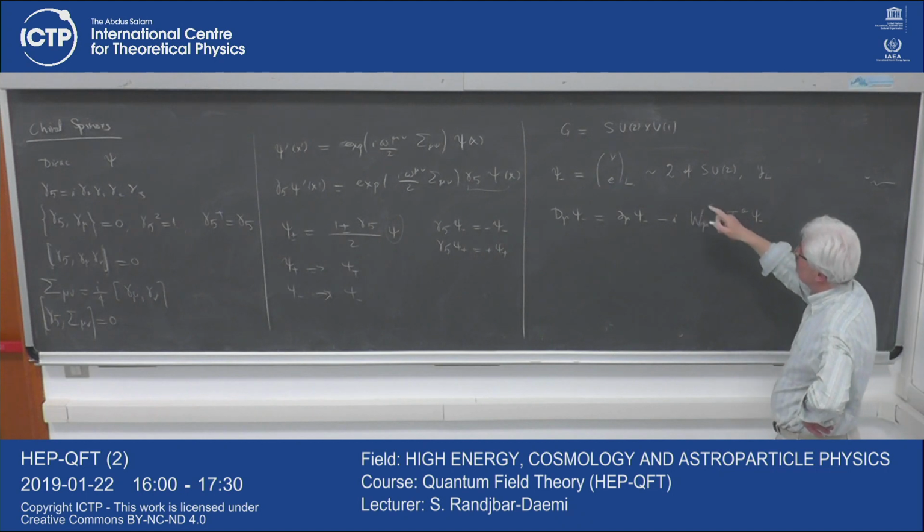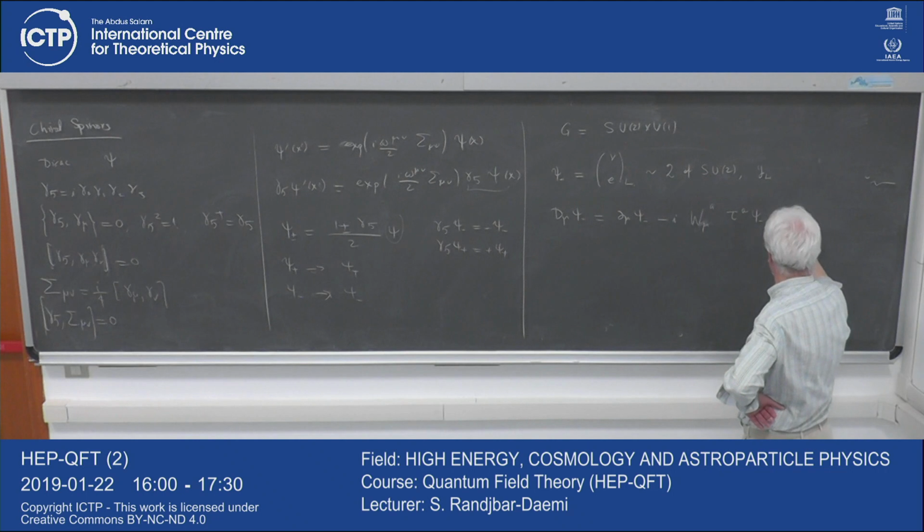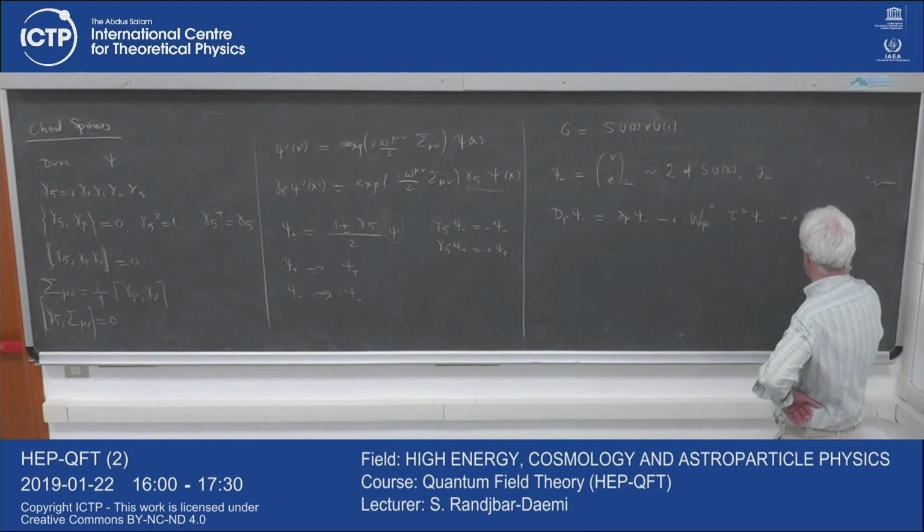But it also transforms non-trivially under U1. So we have to introduce also a gauge field for U1. We are going to denote it by Z mu. And there for U1, you remember, we put the charge here, YL times psi minus.